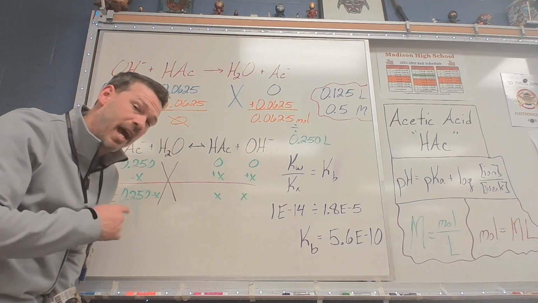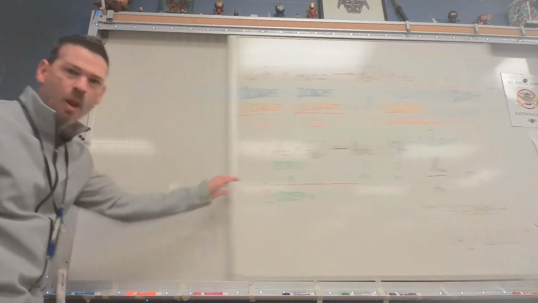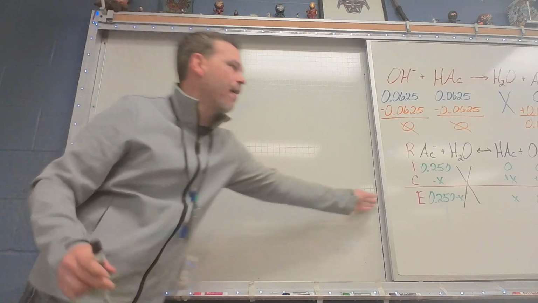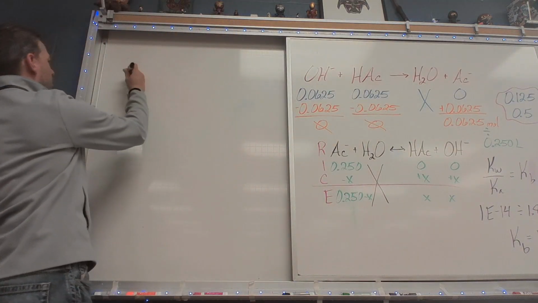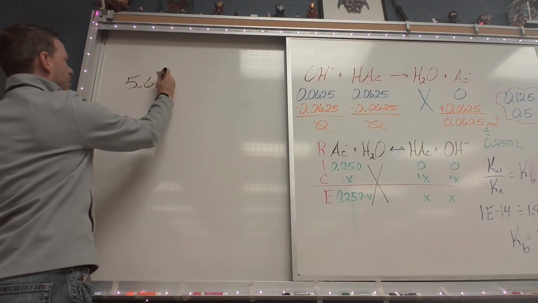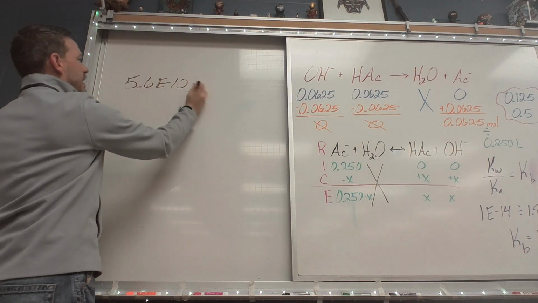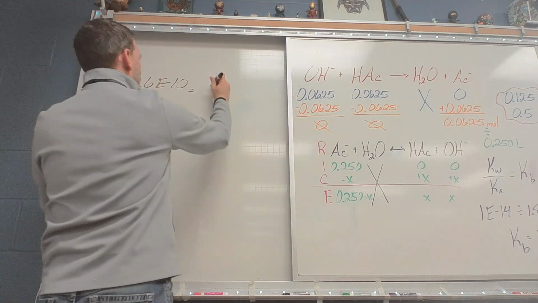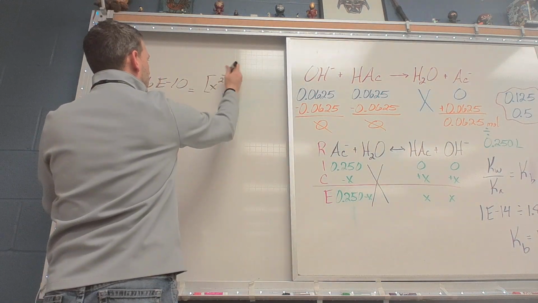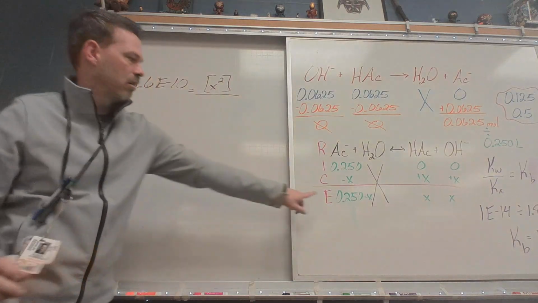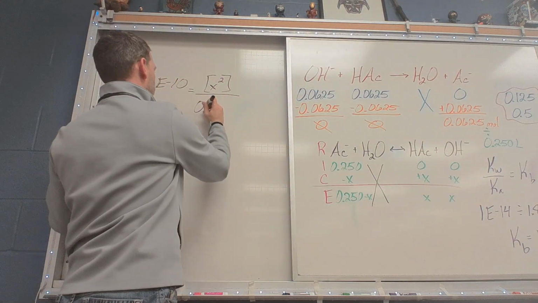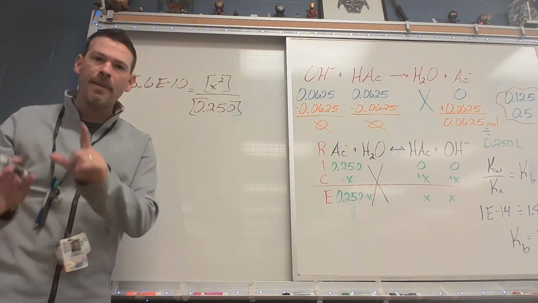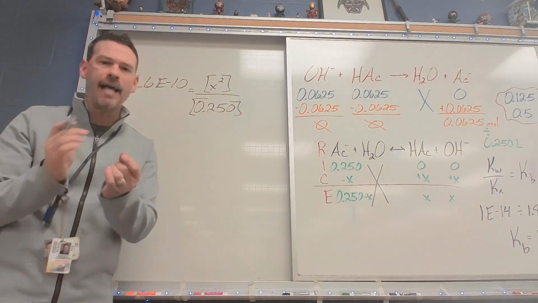Products over reactants now that we have a proper K. So, we'll take that Kb of 5.6 E negative 10, set it equal to the products from the E row, which is a couple X's multiplied against each other, over that reactant. But we have minus X as a denominator.